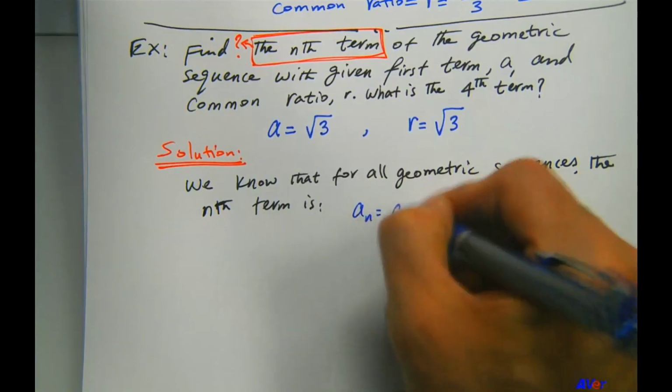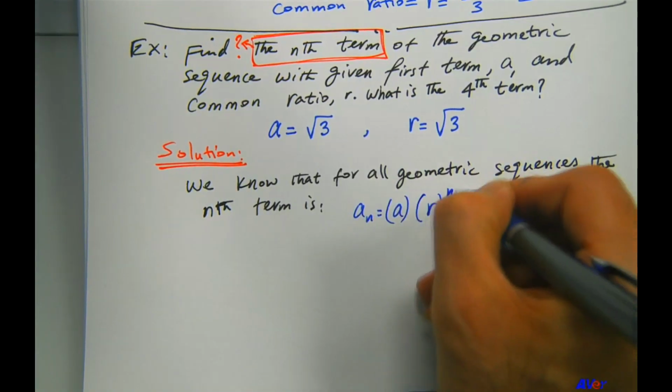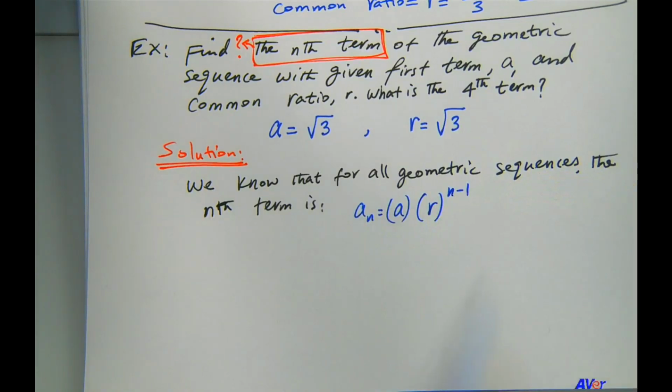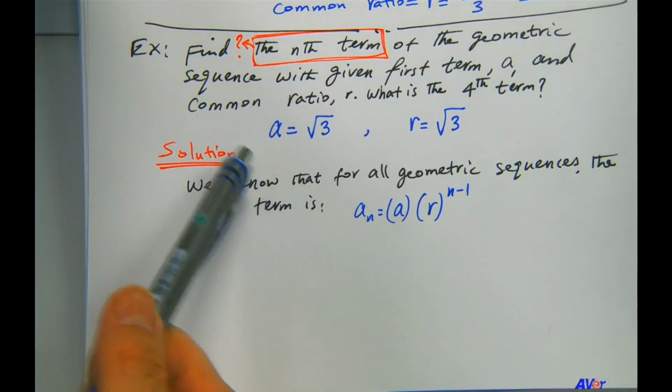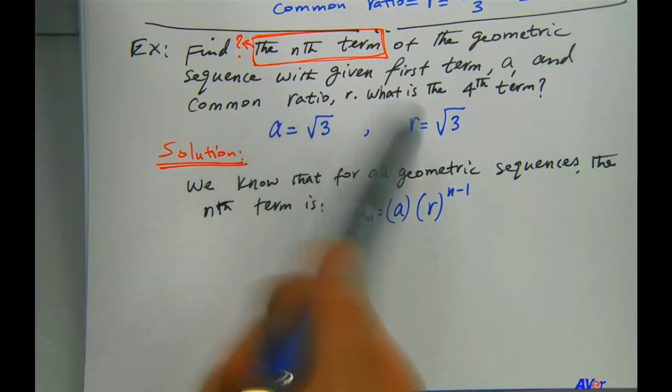We have a times r to the n minus 1 power. This is for all. So let's plug in the values for a and r that we have.